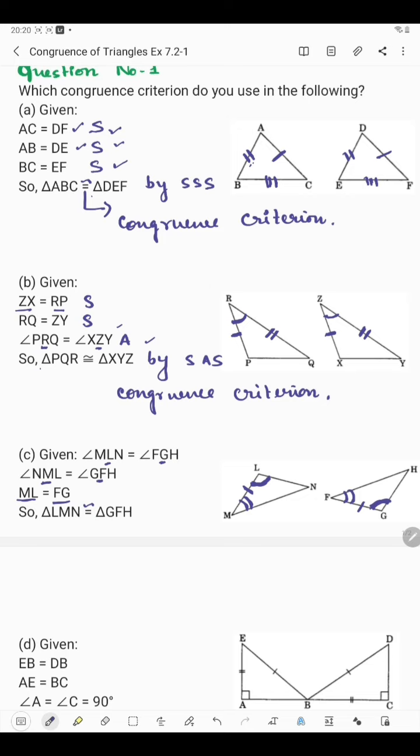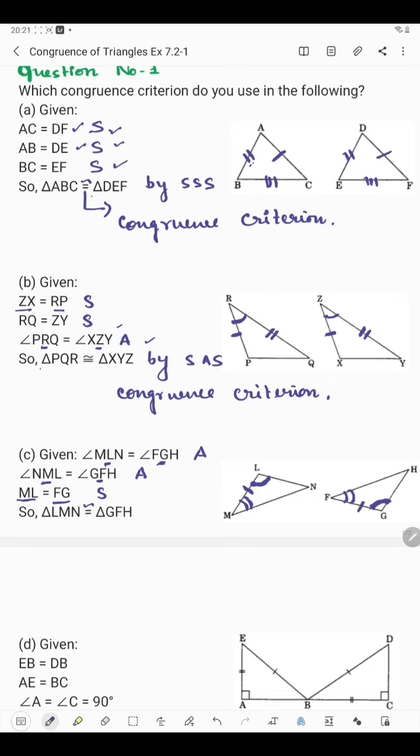Here we can see that angle L and angle G are equal, and this is an angle. Again angle M and angle F are equal, so it's also an angle, and then a side is given, that means this is the angle side angle criterion, and this side is in between the two angles.